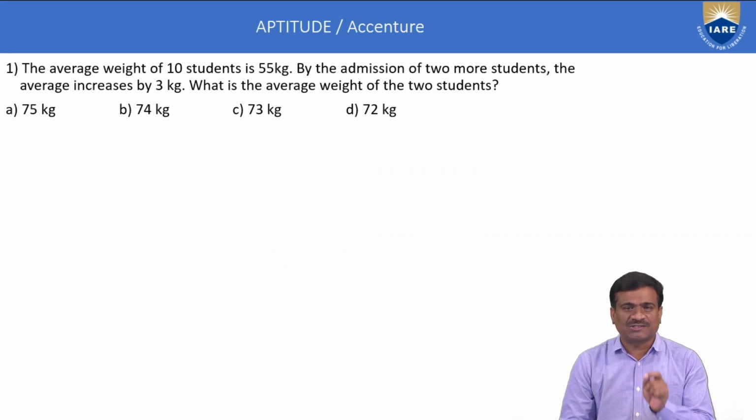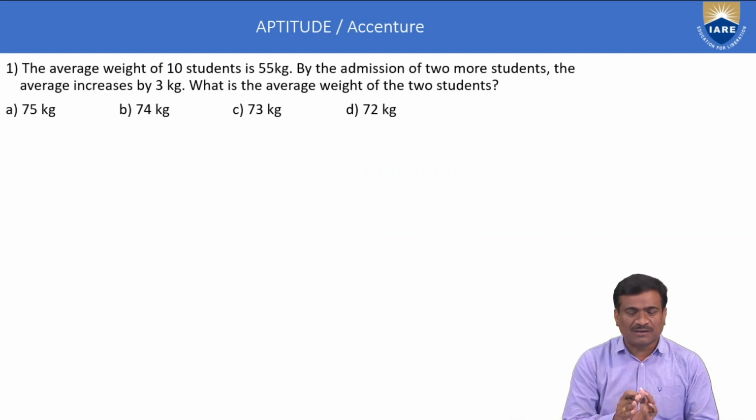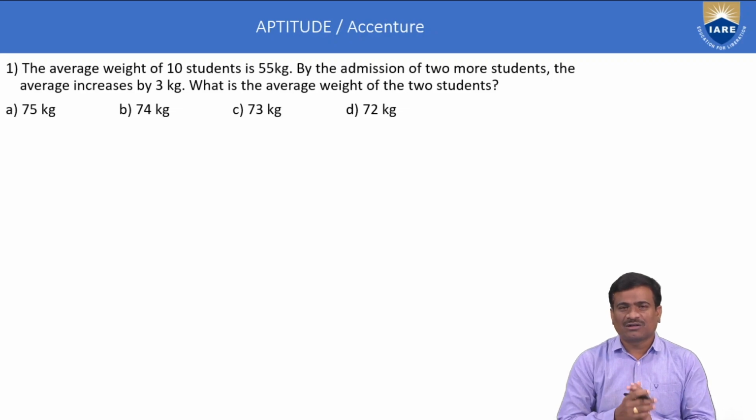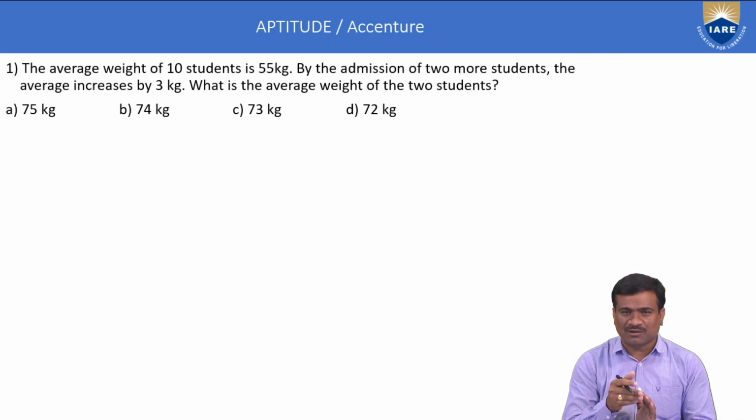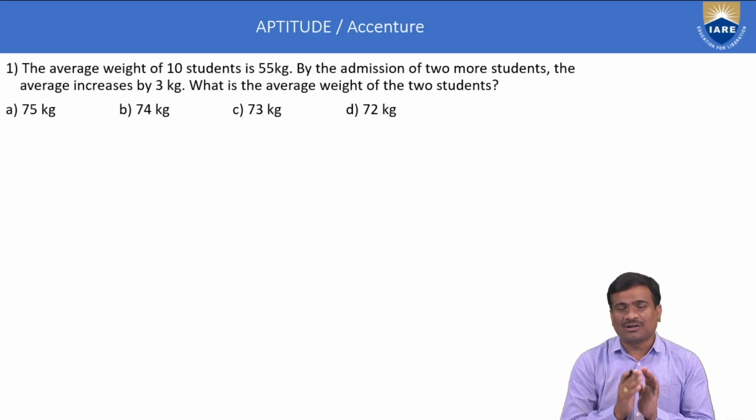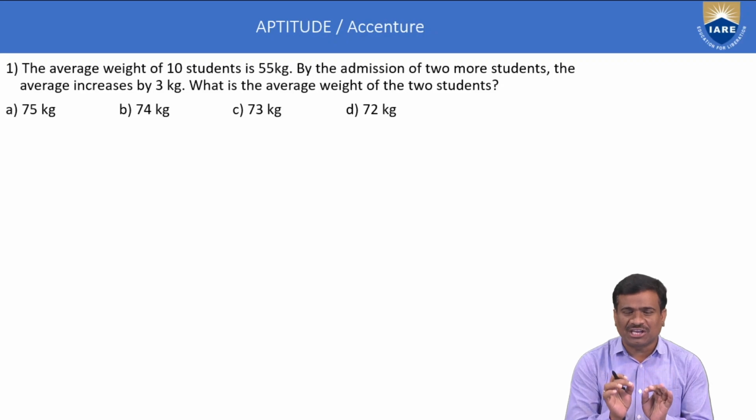Important topics in quant and reasoning, particularly in this paper: time, distance and speed, time and work, statements and conclusions, symbol notation, and puzzle test, logical deductions, direction test, coding and decoding, average concept, ratio and proportion. These topics are very important to quant and reasoning part.